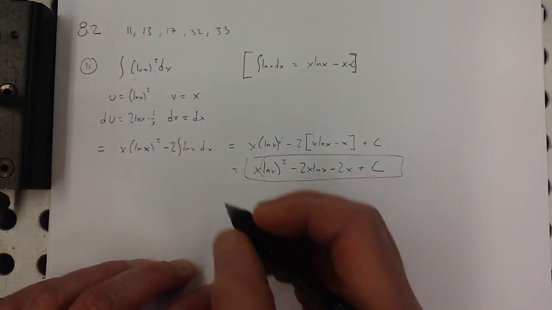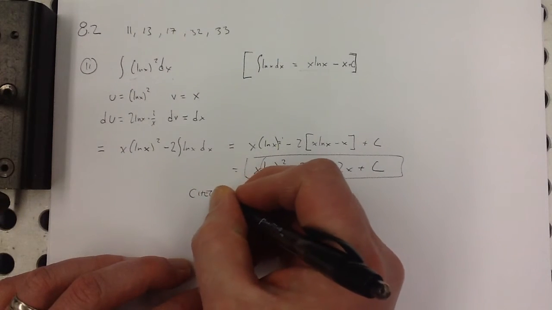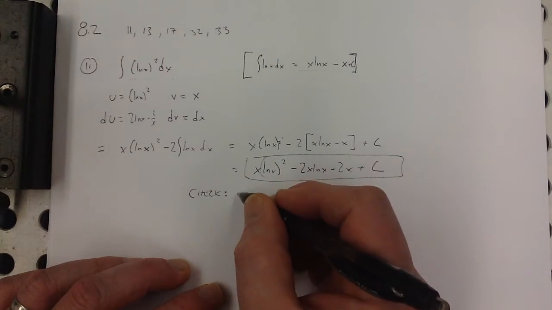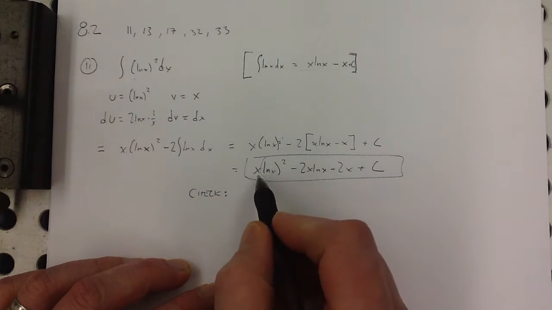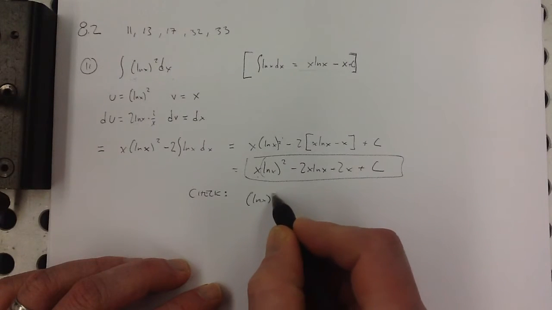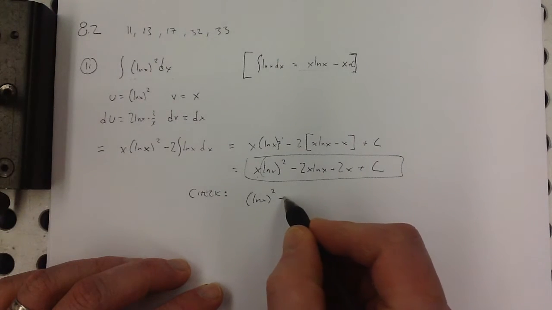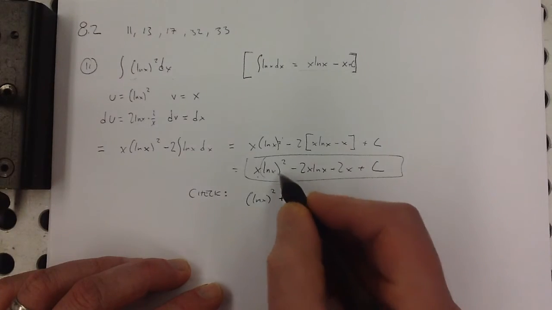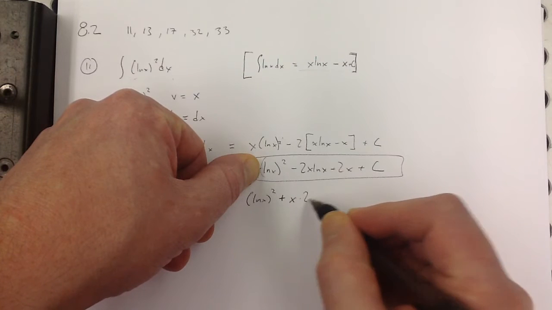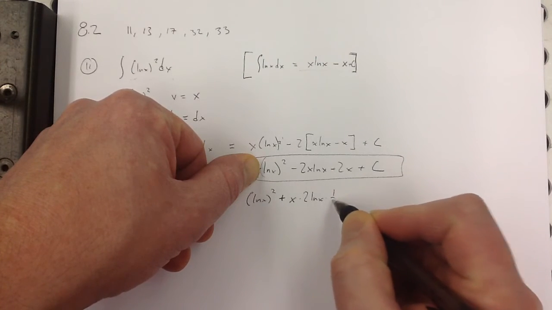Just to check, and you don't have to do this for every problem, but I'm going to do it here. The derivative of this, I'd have to use the product rule. The derivative of the first is 1 times the second, plus the first times the derivative of the second, and the derivative of the second, we've done already, is 2 natural log x times 1 over x.